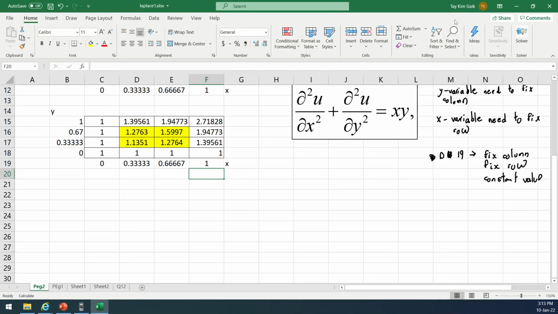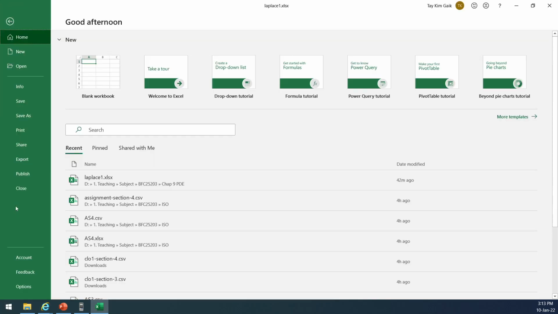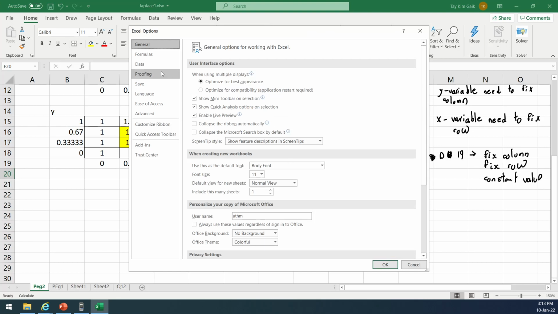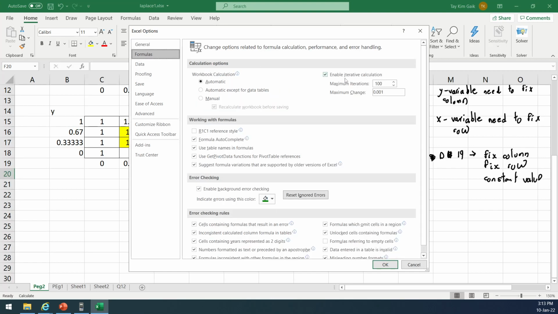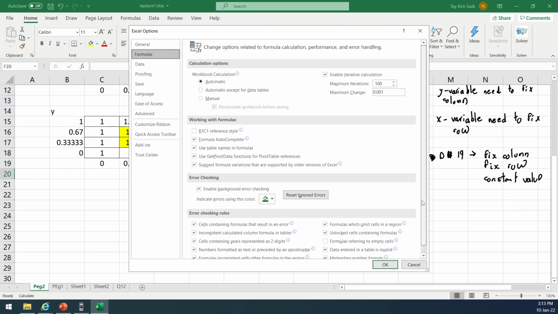Here, sometimes for the iterative calculation, you may press, I think, F9. File, options, formula, enable.